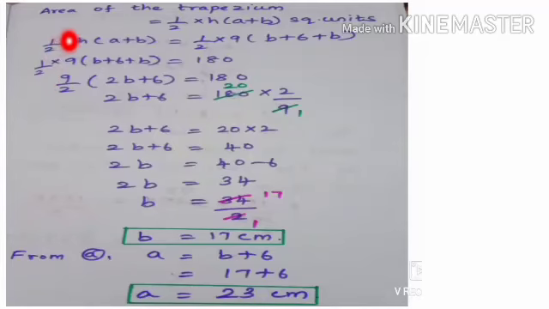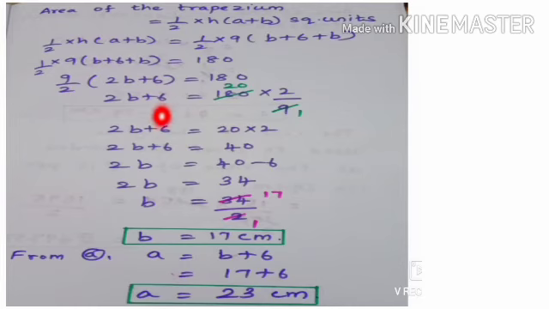Students, now I'll repeat it once again. Area of the trapezium is half into h into (a plus b) square units. And here the area of the trapezium is given, that is 180. And the value of a we have taken as b plus 6, which is given in the question itself. So for a we put the value b plus 6 and this is plus b.